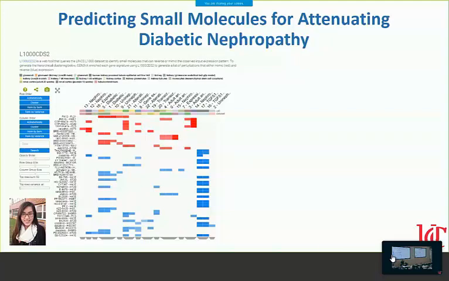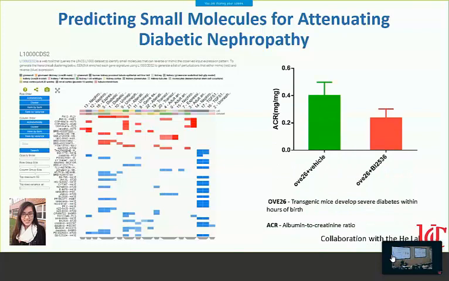And our collaborator, Si-Jang He at Mount Sinai, was convinced enough to test some of those compounds in animals, and this is ongoing, but he has some positive results. So this OVE26 mice is a very severe diabetic mouse model.